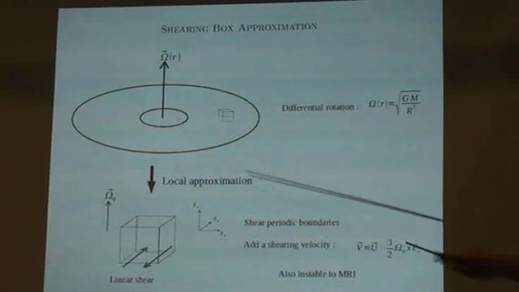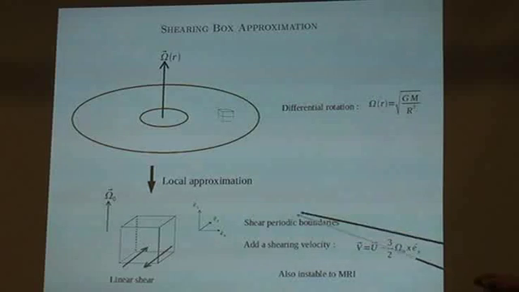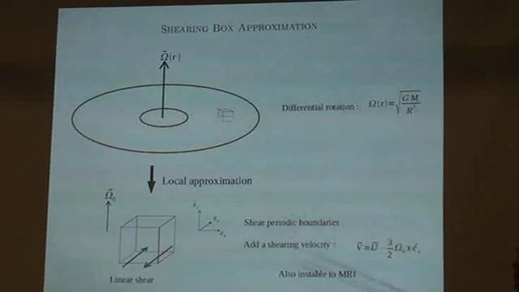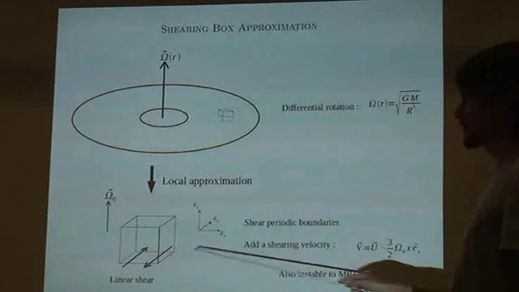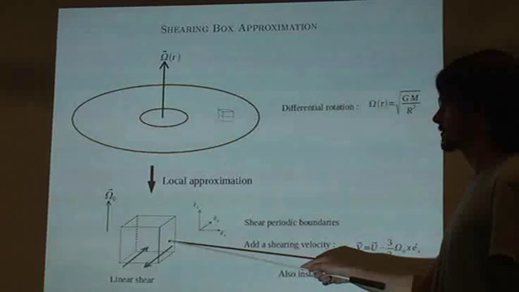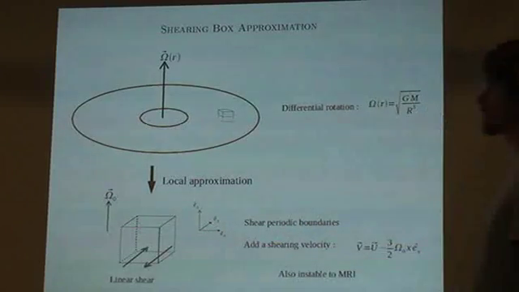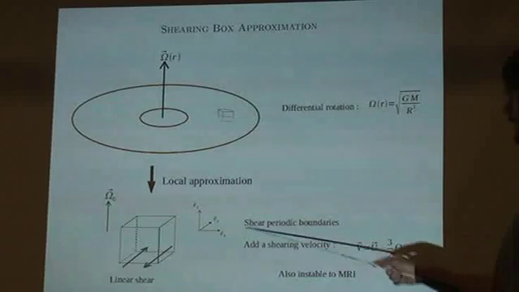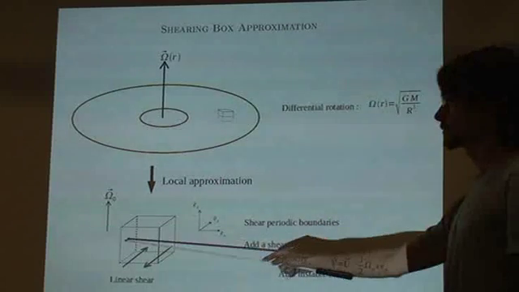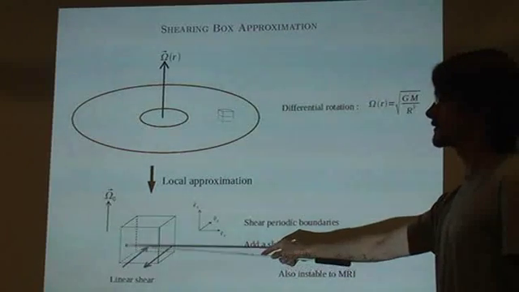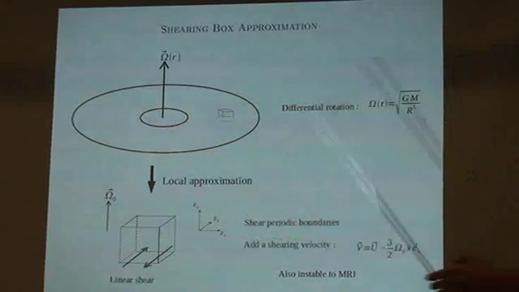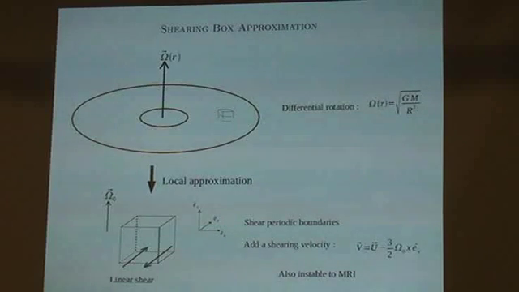How is this shear implemented? There are two things. We use shear periodic boundaries, which means that in usual periodic boundaries, one point on a boundary corresponds to the opposite point on the other boundary. In shear periodic boundaries, the correspondence is the same, but shifted with time along the other direction with the shear velocity.